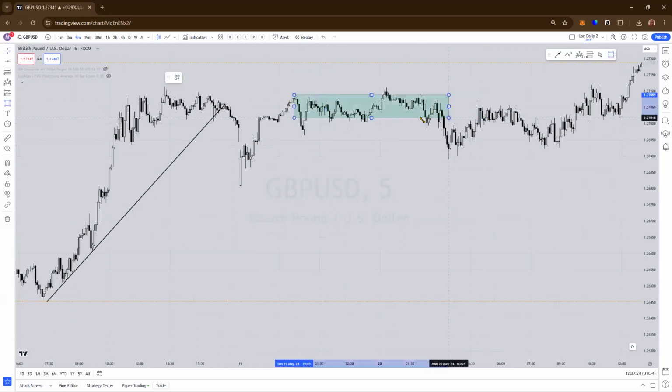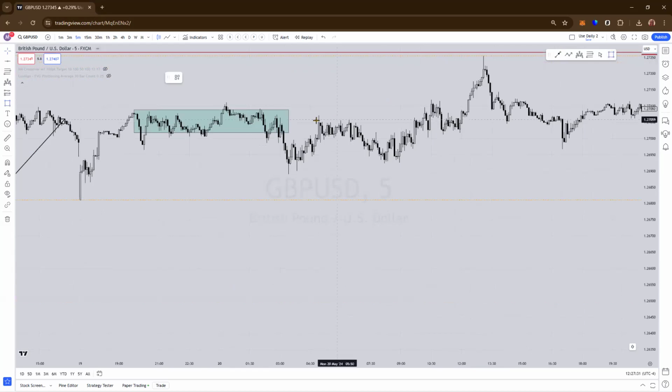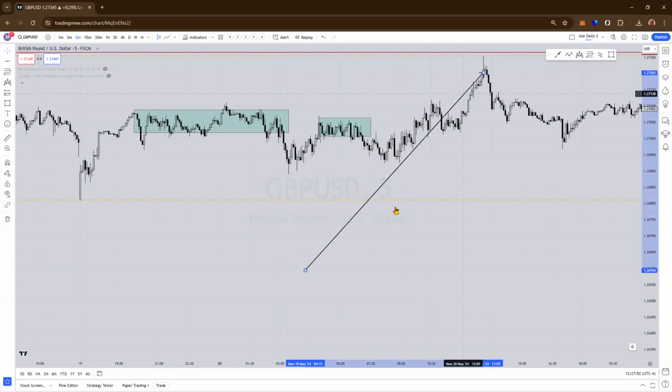Okay, breaks out of the box here, consolidates again right here, breaks out of the box right here. Okay, and then you see an inverted head and shoulders right here that starts trending higher to continue the trend right there.